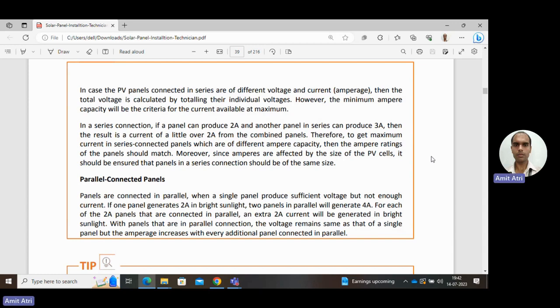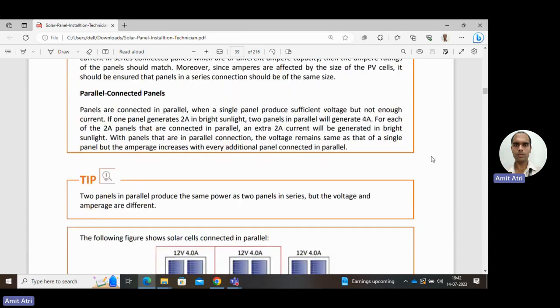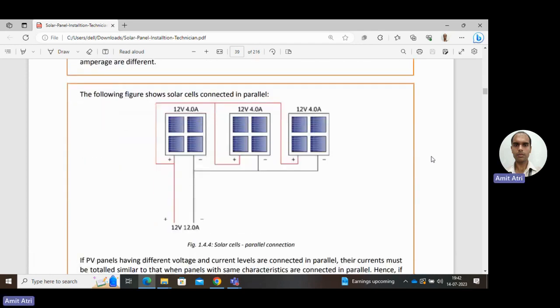Now coming to the parallel connection. In a parallel connection, the voltage across the elements remains the same, whereas the current adds on. So if we want to increase the current, then we use this parallel combination. Taking this example as shown in the figure, three solar cells are connected, each having the same voltage and current of 12 volt and 4 ampere.